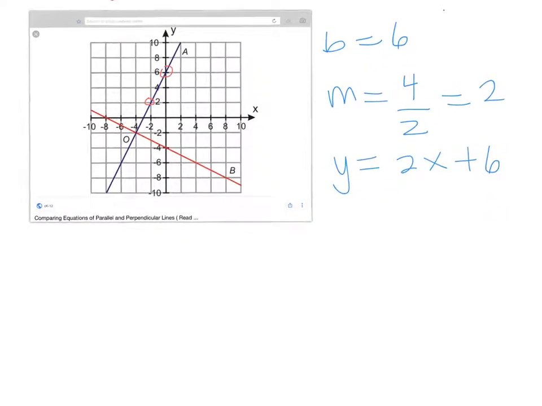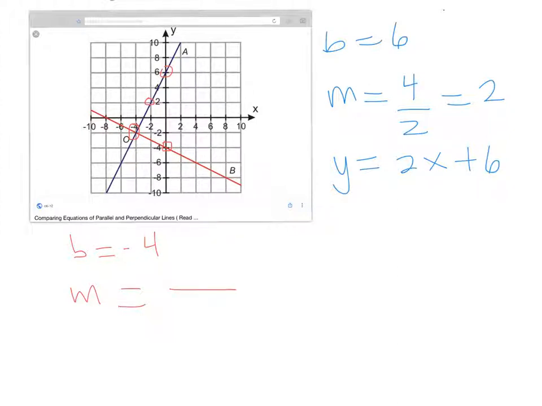Then looking at the red line, we've got a y-intercept of negative 4, and for the slope, let's go from that point to this point right here, where the lines actually intersect. We see that we are going from negative 4 to negative 2 in the vertical direction.